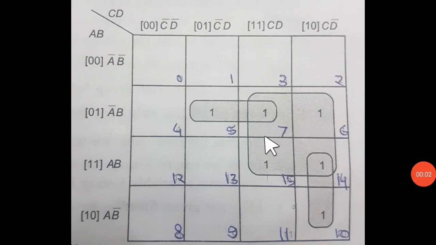Students, in this example, a 4 variable K-map is in front of you, and one quad and 2 pairs are there. Quad has 7, 6, 15 and 14 squares included, and the first pair has got 5 and 7. Second pair is with 14 and 10. What is unique in this example is that the 1 of square 7 is occupied by a pair as well as by the quad.